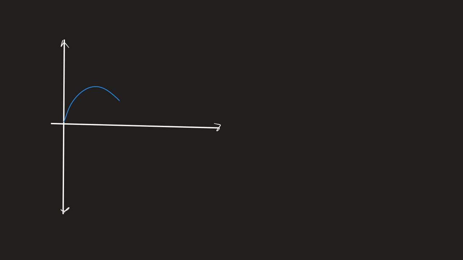The moment we change the rules a bit, what if instead I tell you that your velocity is this function? This could be a velocity versus time graph. I can imagine speeding up and slowing down and speeding up again.